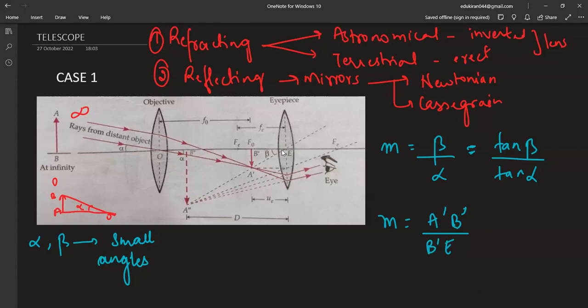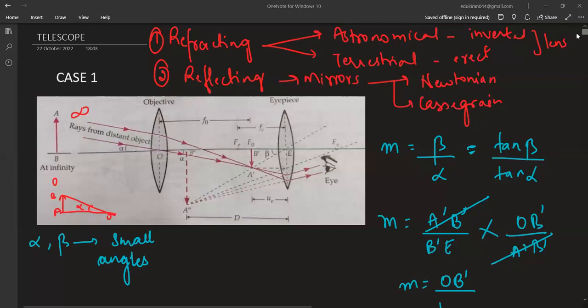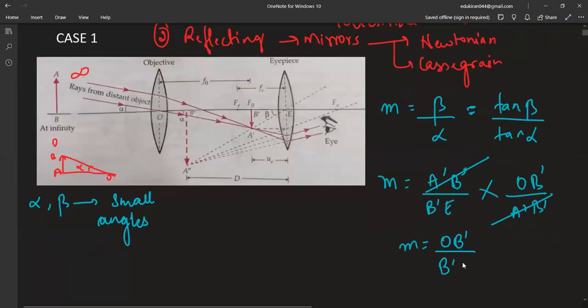Look, this is the triangle. Okay. Tan alpha. Look at this triangle. So this is A dash B dash divided by OB dash. A dash B dash will be cancelled. Magnification is OB dash divided by B dash E. Okay.